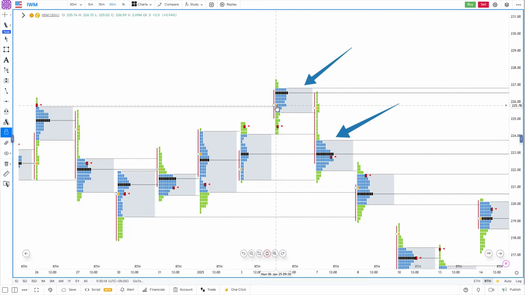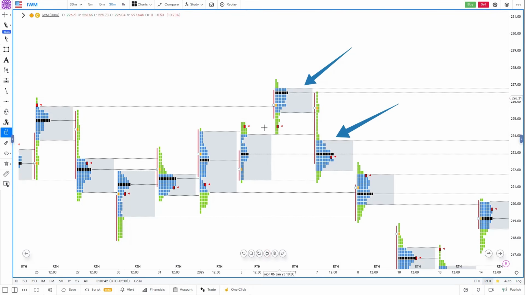On the 6th, price was advertised, or opened, at roughly 225.76, 225.78. Price went all the way up to the 227 price tag before other participants felt that, even though they're advertising it, IWM is not worth the 227 price tag. And then eventually they sold all the way down to 224, right?